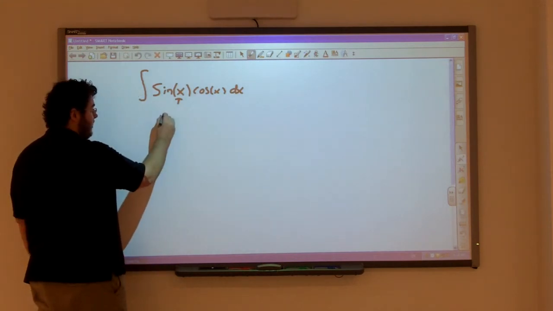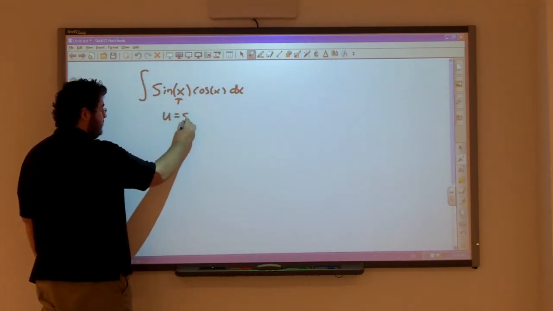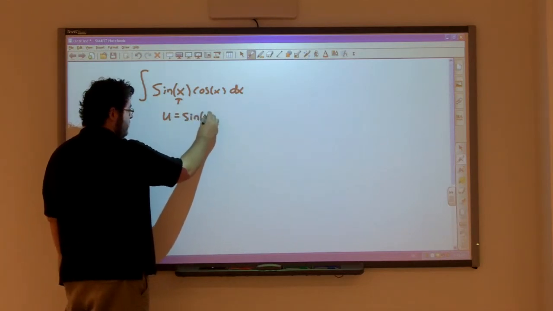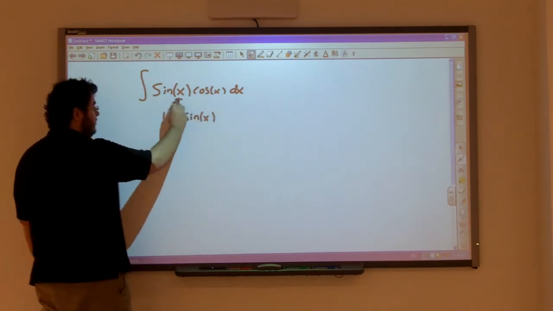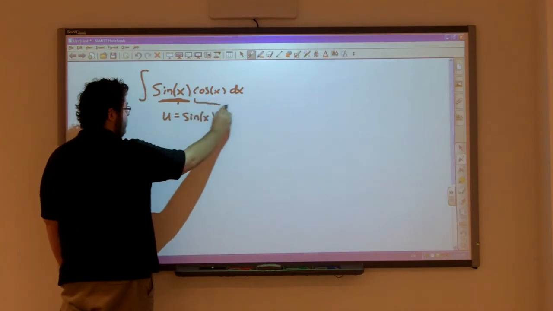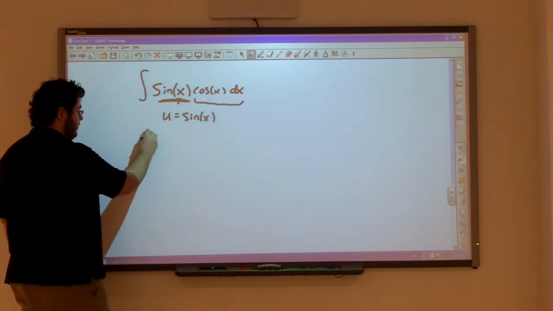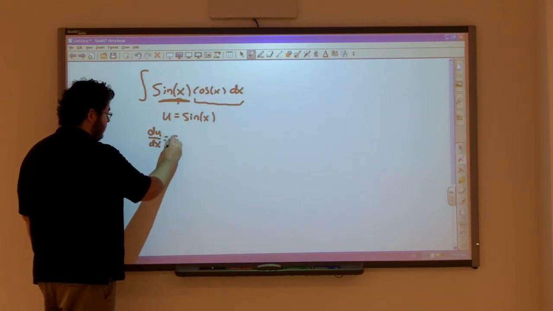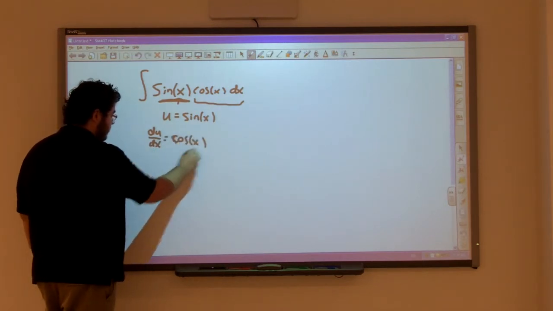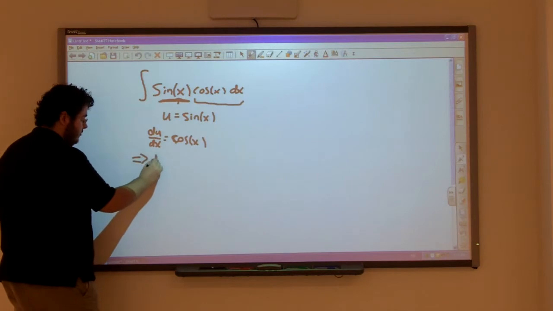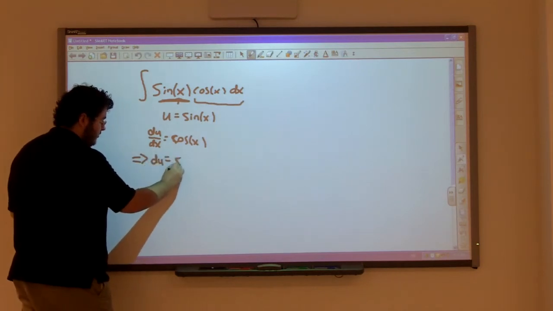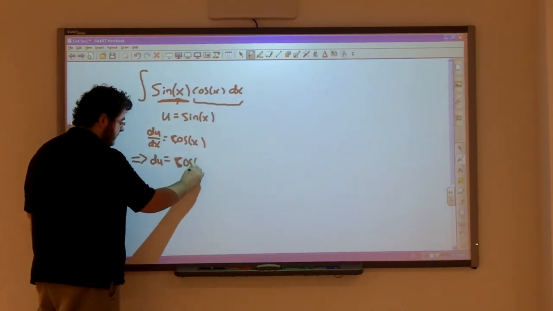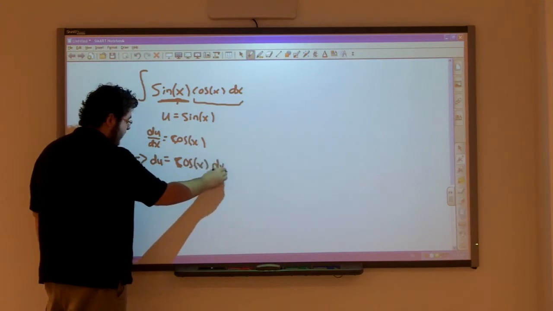But for now, let's just pick u equals sine of x. So we found a function right here near its derivative, right? So du dx is cosine of x, which means that du is cosine of x dx.